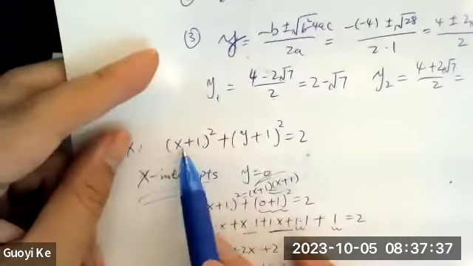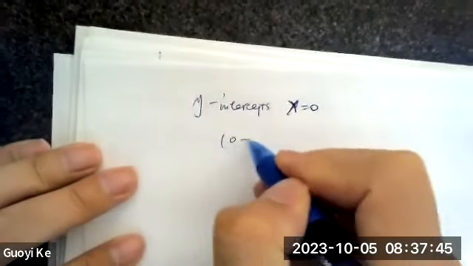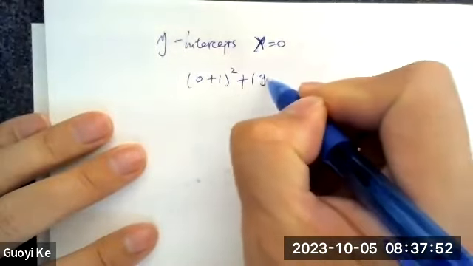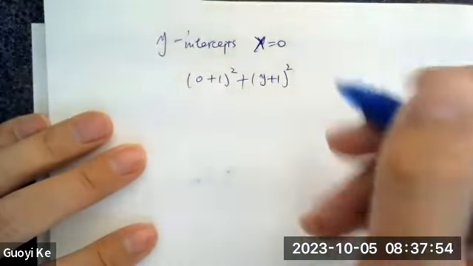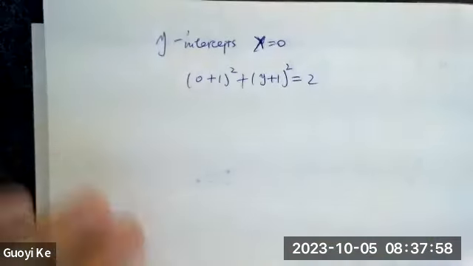We plug in x equals 0 here. And you're going to get what? You will get 0 plus 1 squared, and the equation equals 2, right?